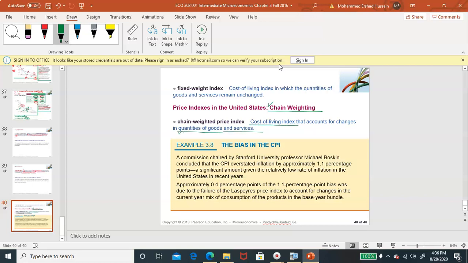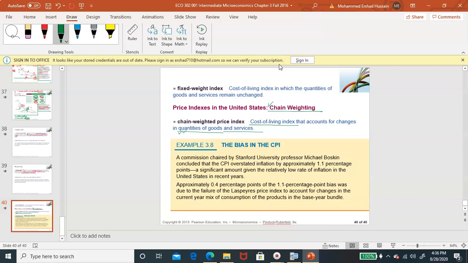Remember, if you compare between A and B, we are actually trying to find out change in cost for two different combinations of goods, not just two different sets of prices. So to control for that, the Bureau of Economic Analysis and other government agencies now use chain weighted price index.